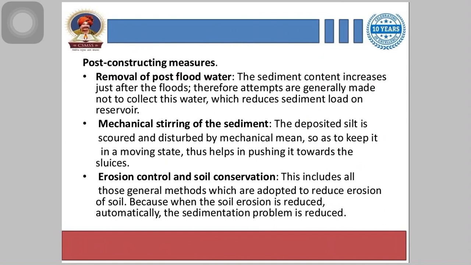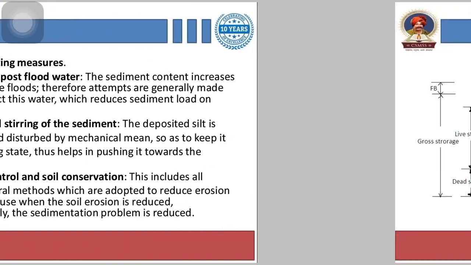Such as excavation of ditches, crop rotation, etc. These include all those general methods which are adopted to reduce soil erosion, because when soil erosion is reduced, automatically the sedimentation problem is also reduced.